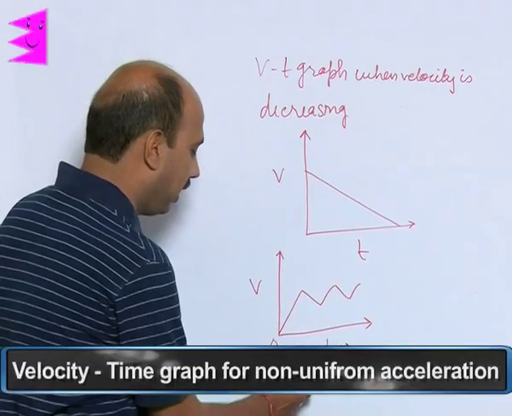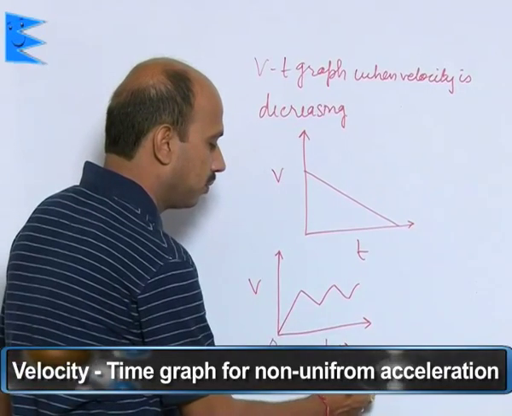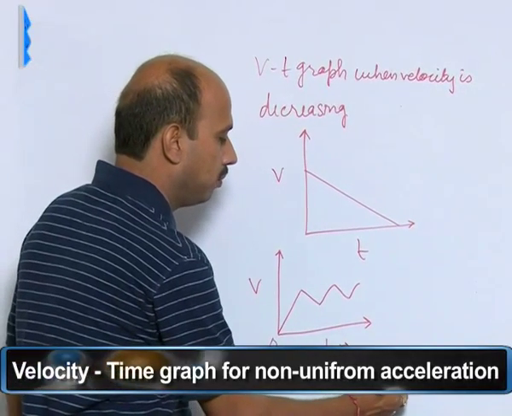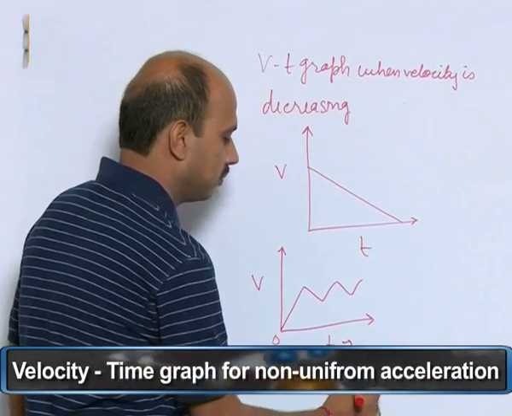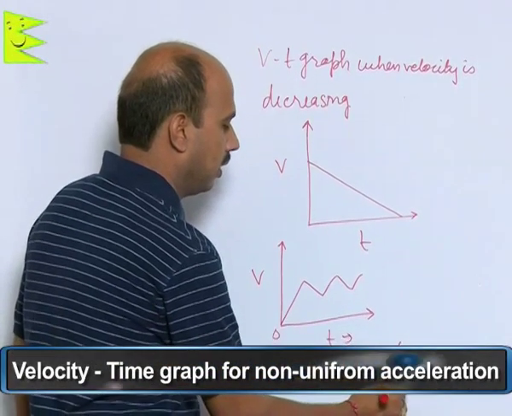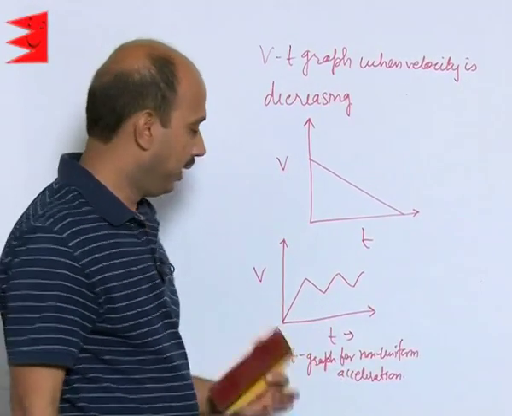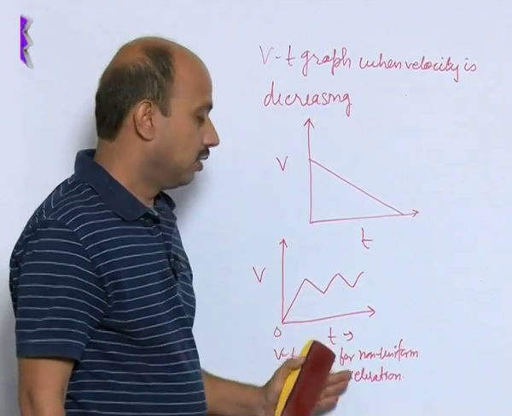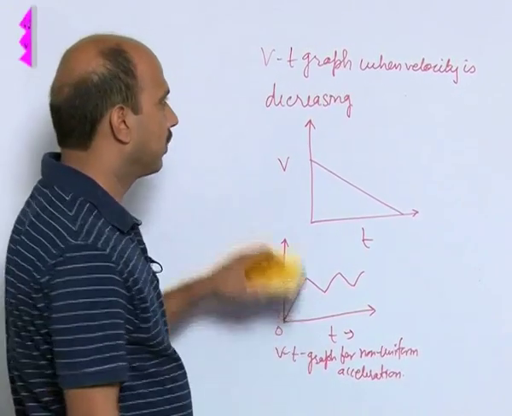It is VT graph for non-uniform acceleration. Actually, when velocity time graph is not a straight line, we can say that the body has got non-uniform acceleration.